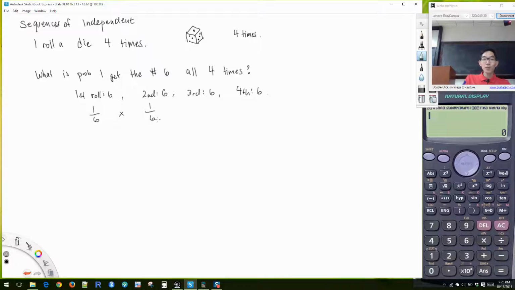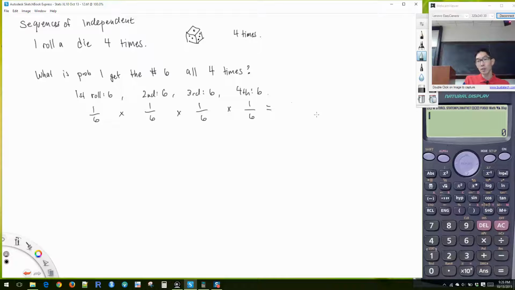So in order for this to happen, I have to get a 6 the first time, which only happens with 1/6 probability. I have to get a 6 the second time, and then a third time, and then a fourth time. So it's not going to happen very often. What's the total probability that this is going to happen?